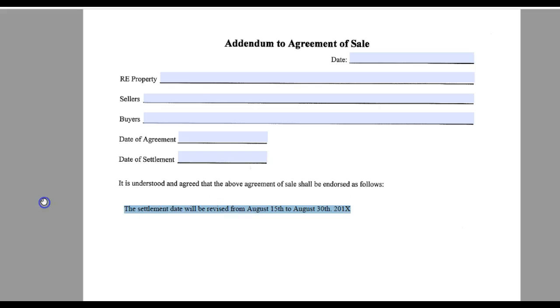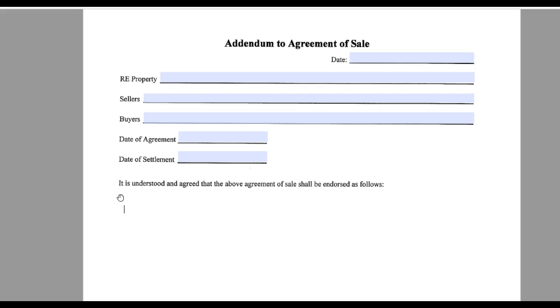Now let's talk a little bit about what to write in there. Again, you want to keep it as specific as possible whenever you're writing something that really involves law. You want to put in all the details.